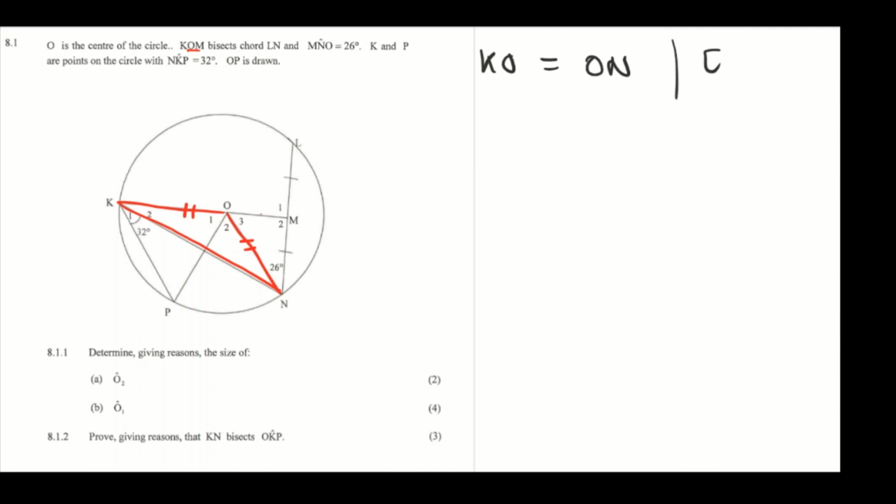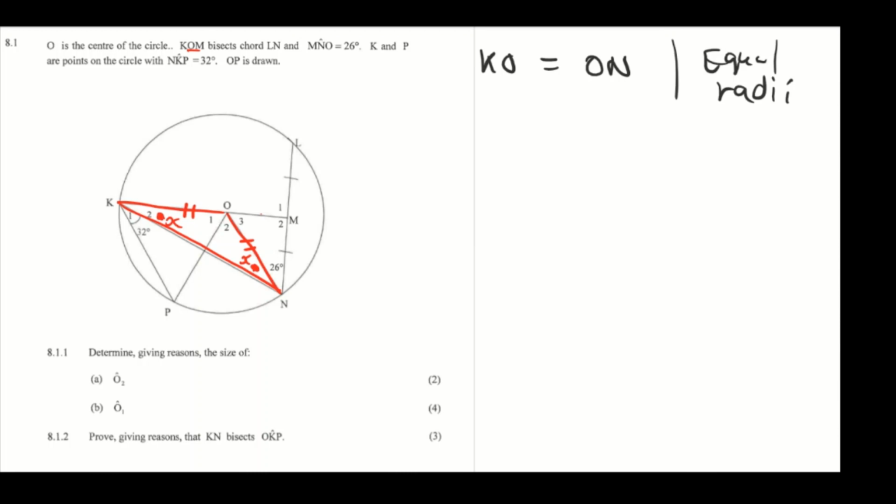Reason for that: equal radii. If they're equal, then this is an isosceles triangle, so these base angles are equal. So you can say x here and also x there.